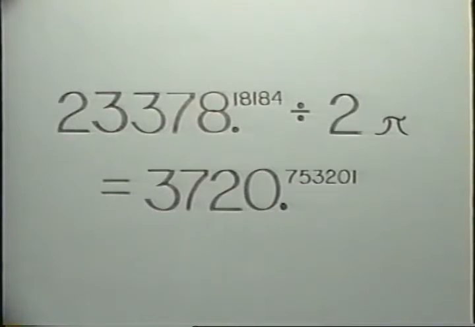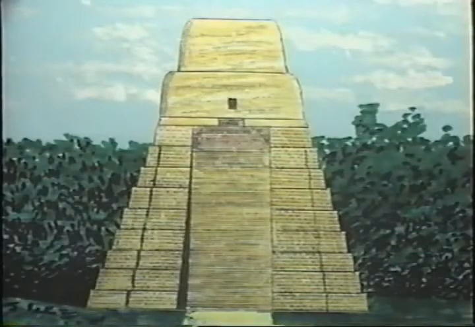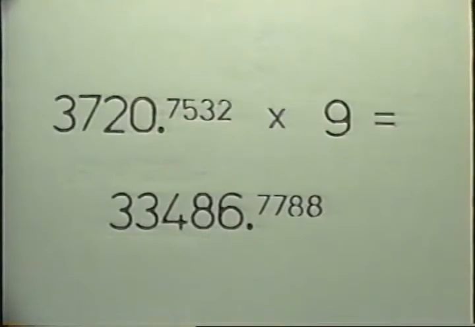As we recall, the grid latitude of Temple 4 was 3720.75, coming from the Sun Pyramid by way of double pi. And now that we've found where it is, notice that Temple 4 has 9 terraces. Which feeds a simple equation.